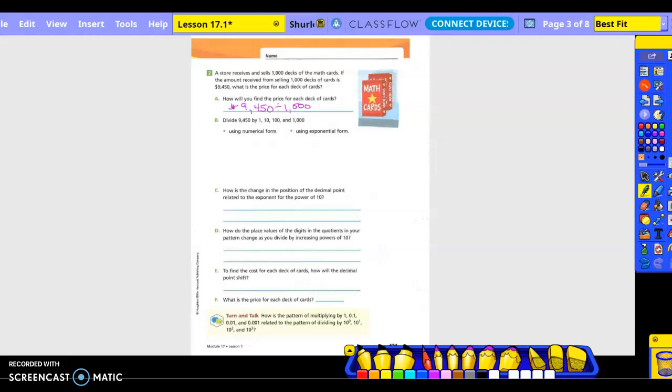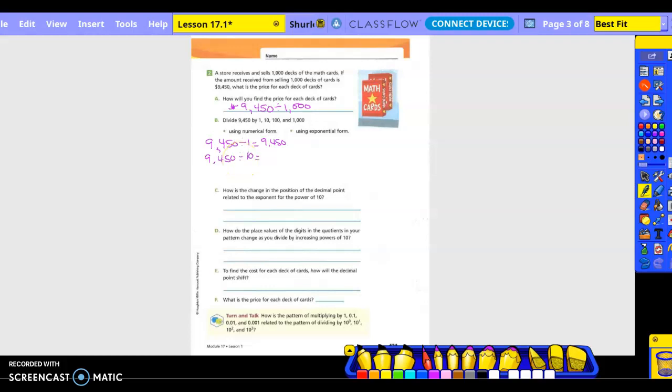So they want us to do it in standard or numerical form and then in exponential form. So the first one would be 9,450 divided by 1 equals 9,450, right? 9,450 divided by 10.